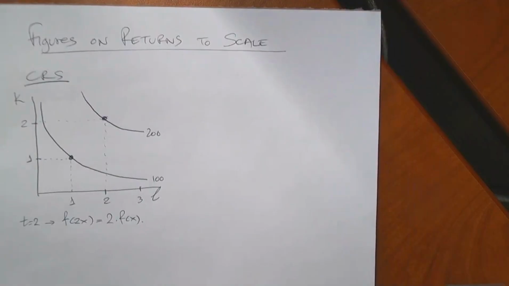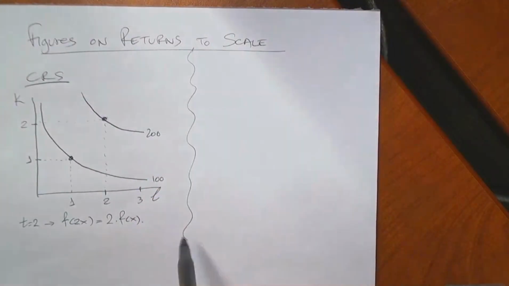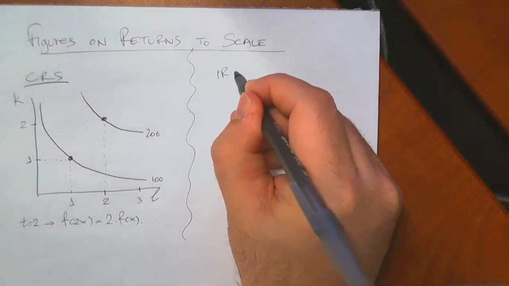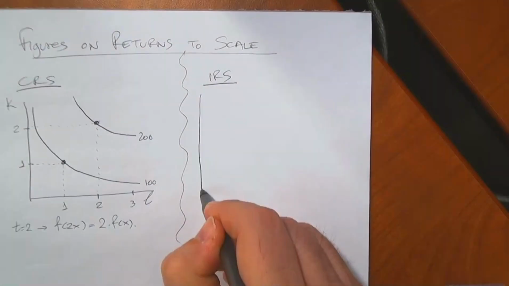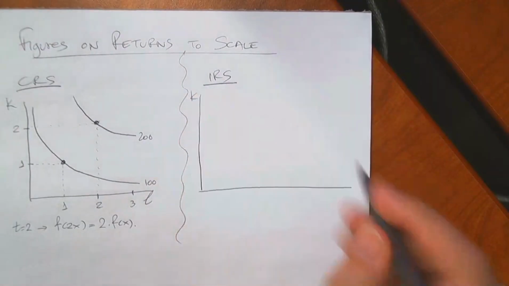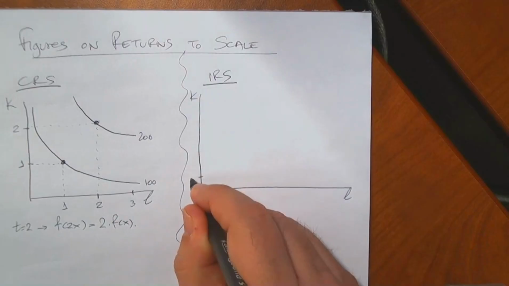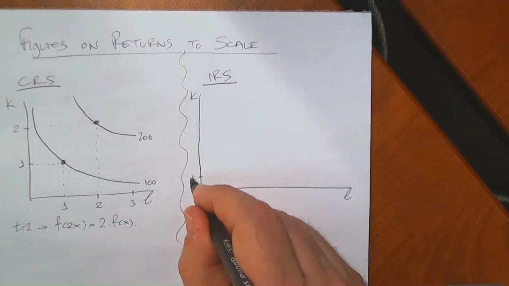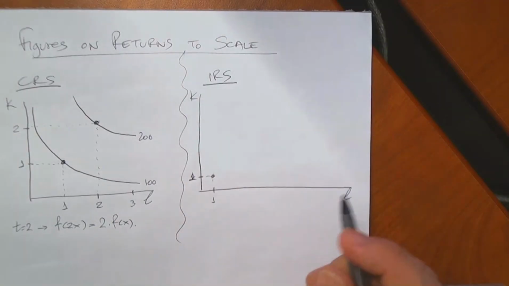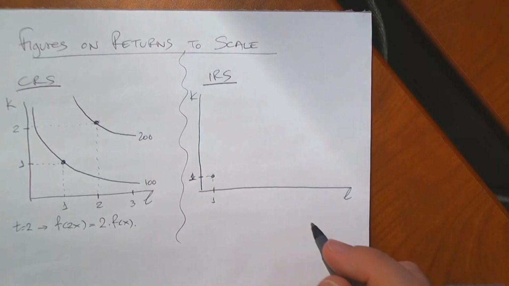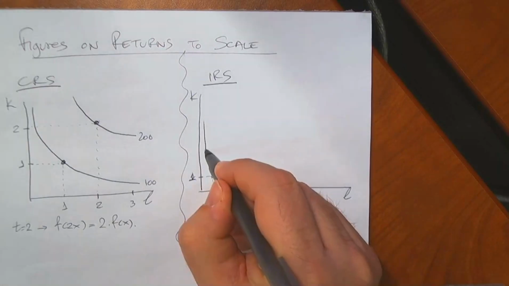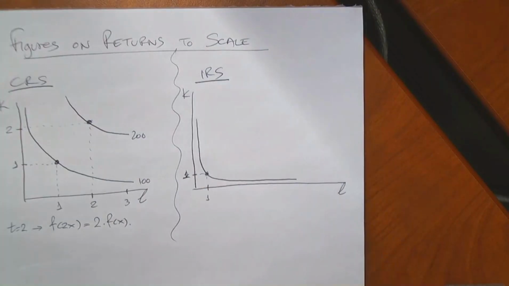So now let's see the alternative example of, let's say, increasing returns to scale. Very similar sort of diagram here. So, okay, let's say we do something similar. Let's put 1 unit of labor here, 1 unit of capital here. And you have a point, and you have an isoquant passing through that point, and you symbolize it as such.